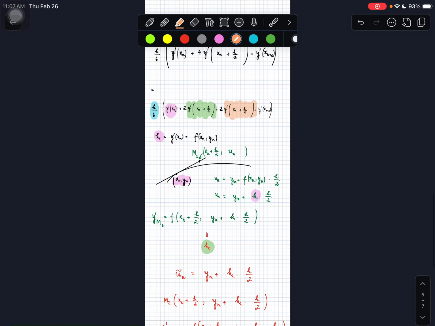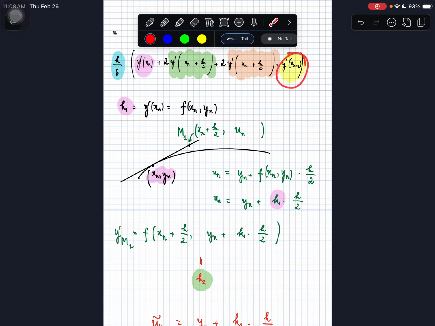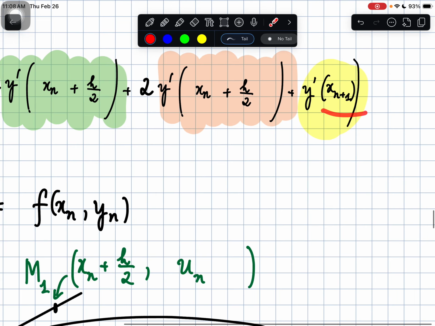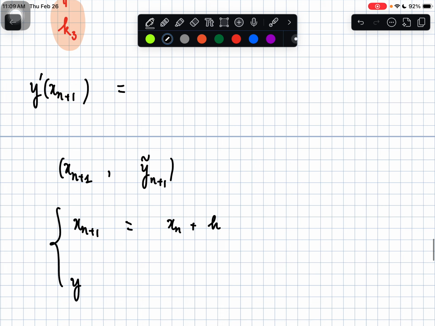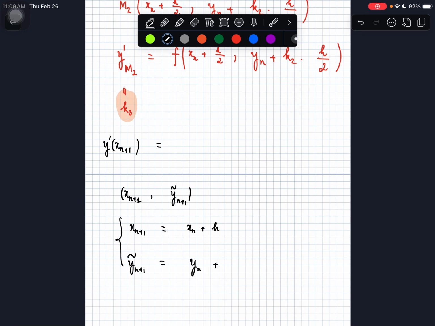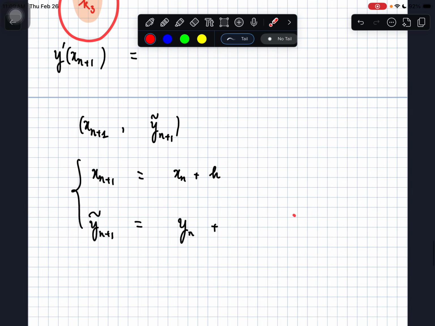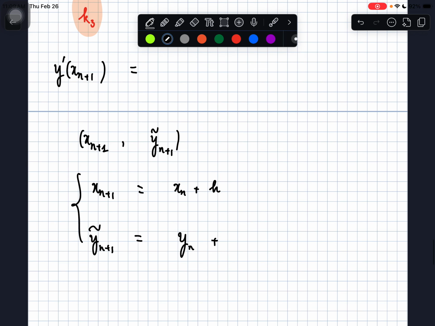Now for this last term, I will just do as in the Euler method. I will go a full step ahead, to xn plus 1. So at the point xn plus 1, yn plus 1 tilde, xn plus 1 is xn plus the step size h. Yn plus 1 tilde is yn plus the slope times the step size, and I use the slope k3, the one we just got. K3 times step size h.